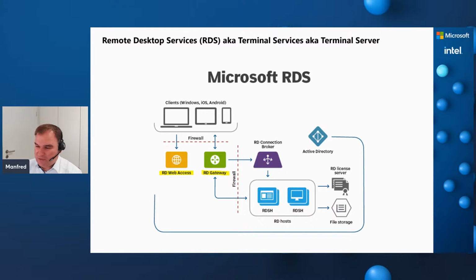This helps to ensure that it's not required to publish the RDS session hosts to external location because you access them via the RD Gateway. And the second advantage is you don't need a virtual private network to connect to your network. You only use the RDP gateway. You connect to the RDP gateway and via the RDP gateway to your RDS session host.